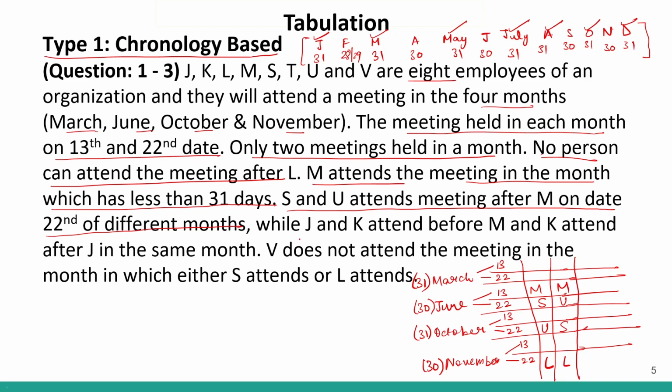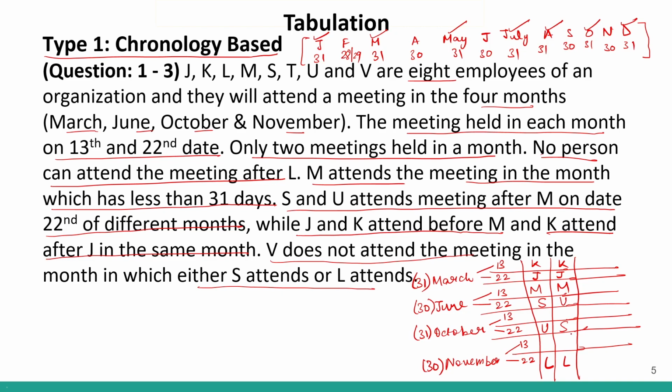Okay. Now it is given to us J and K attend before M. So over here J and K will come before M and K attends the meeting after J. So K will attend after J in the same month. So now they will be placed like this. V does not attend the meeting in the month in which either S or L attends.